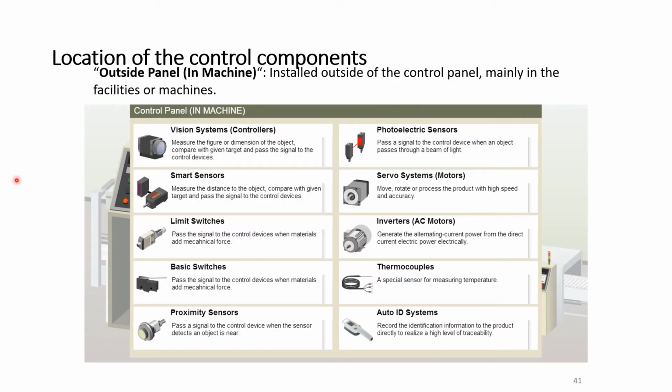Let's see what we could have in the in-machine location, or outside panel. We could have a vision system, smart sensors, limit switches. What are limit switches? They pass a signal to the control devices when materials add mechanical force.